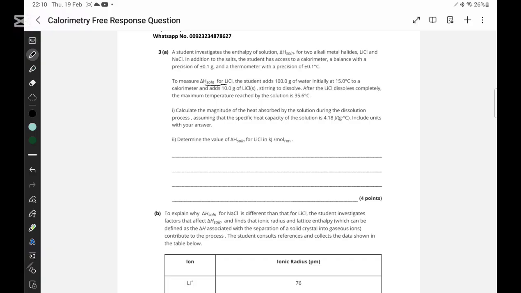To measure enthalpy of solution, the student adds 100 gram of water, initially at 15 degrees Celsius, to a calorimeter and adds 10 gram of LiCl, stirring to dissolve. So before, the mass was 100 gram, and now the total mass after adding LiCl becomes 100 plus 10 is equal to 110 grams.